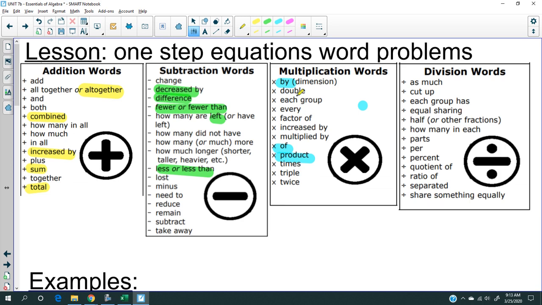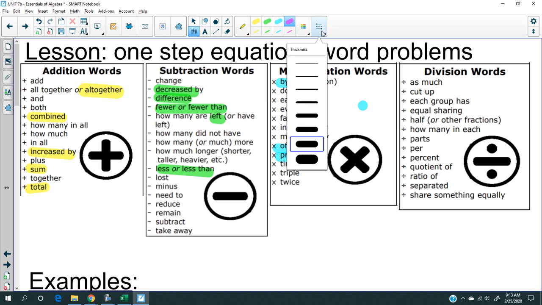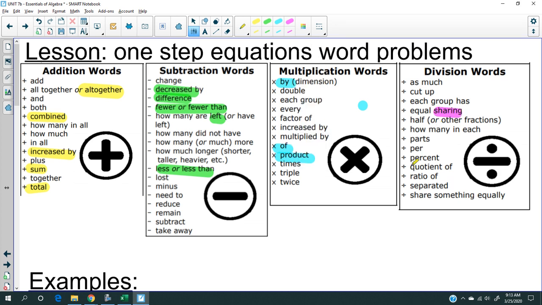Lastly, as much. Sharing. Do they have split? They don't have split here. Quotient. Let's use split because I'm going to tell you now today, you're going to see that word a lot in your word problems.